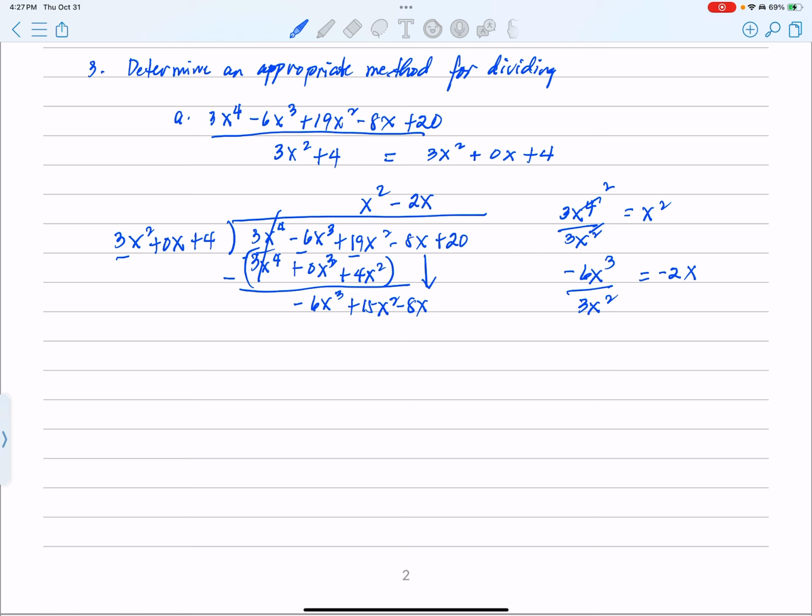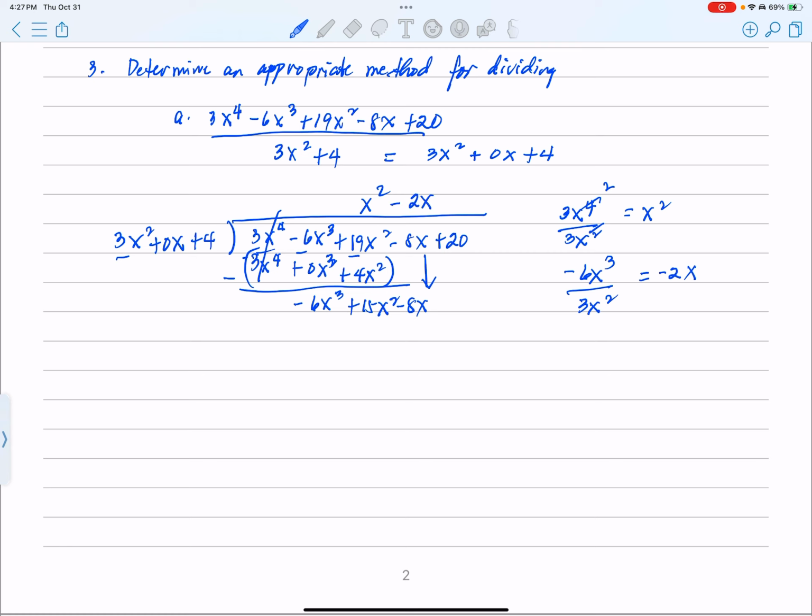But we'll try to look at if there is a greatest common factor in our numerator and in our denominator. So 4, negative 24, and 36. 4 is common, right? So we can take 4 out. This will be x squared, 24 by 4, that is 6. 36 by 4, that is 9.